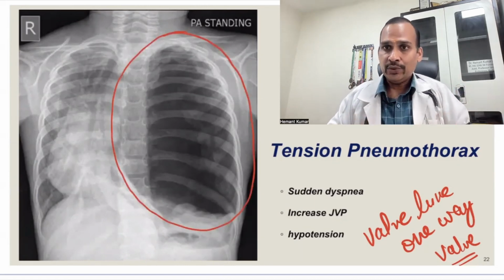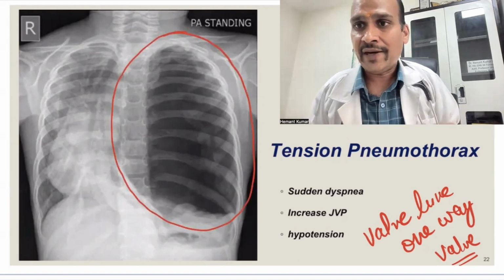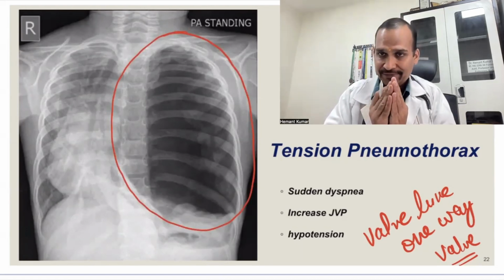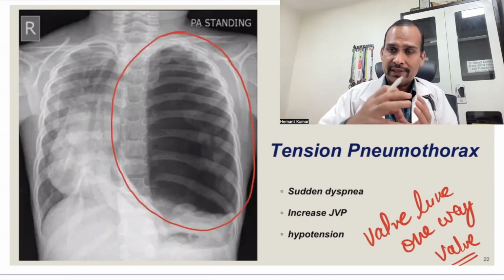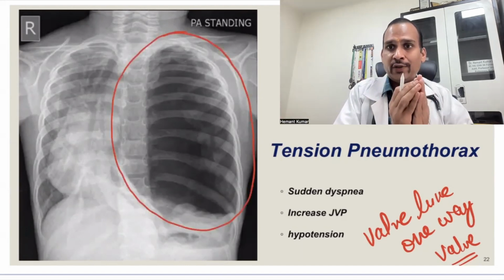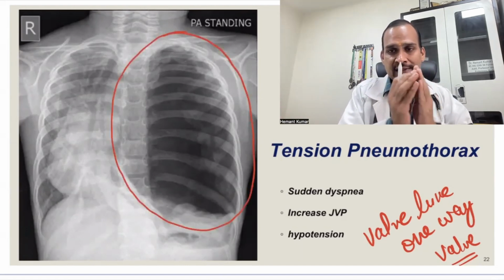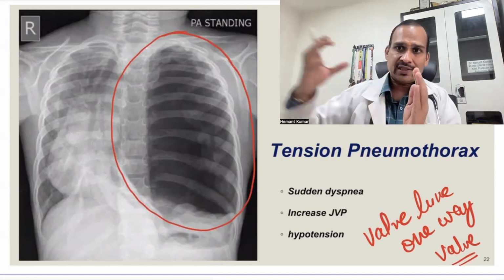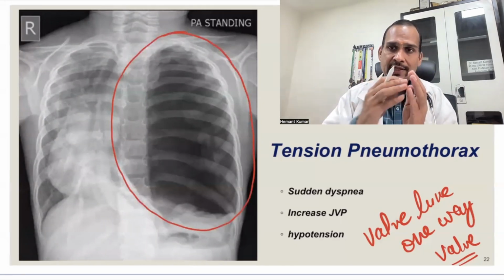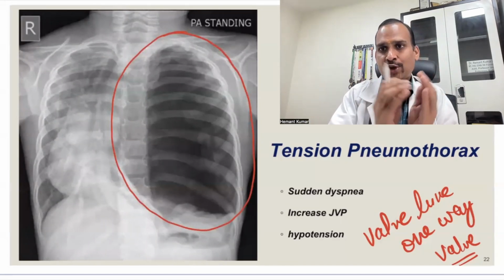And I told you what the vital organ in the mediastinum is. It is the heart. The mediastinum is pushed from outside, the lung is pushing from outside. The heart is not able to function because it needs space for contraction, systole, diastole. But something is pushing from outside, so the heart is not able to do its normal function.